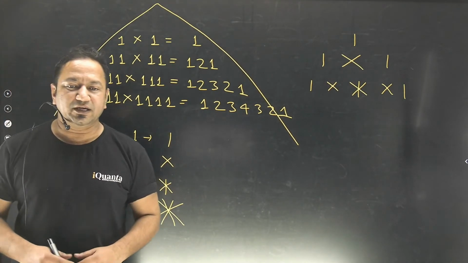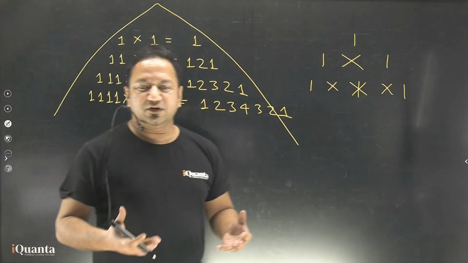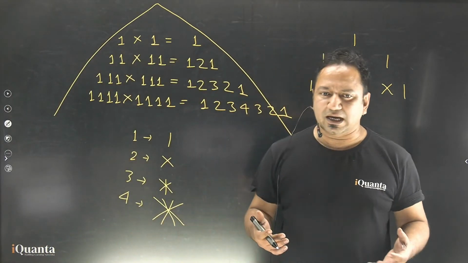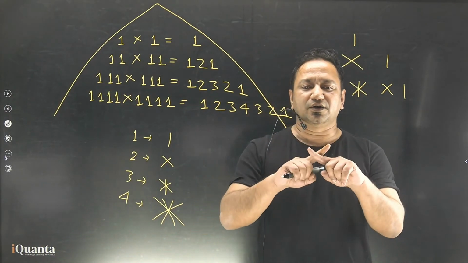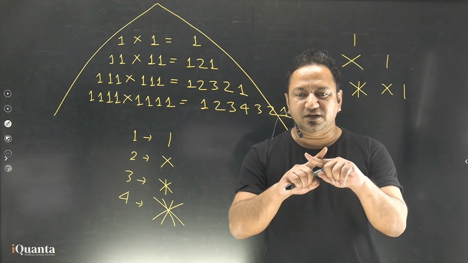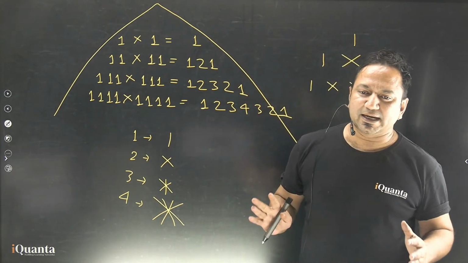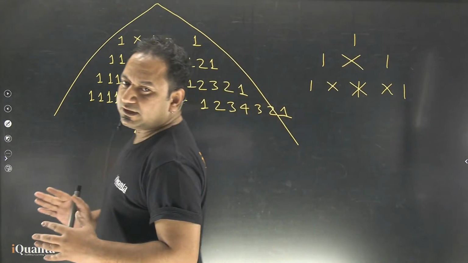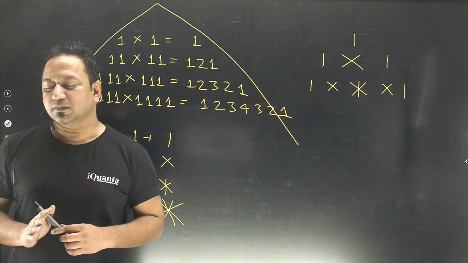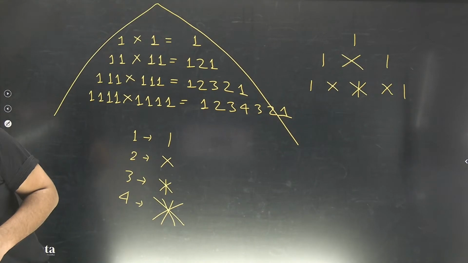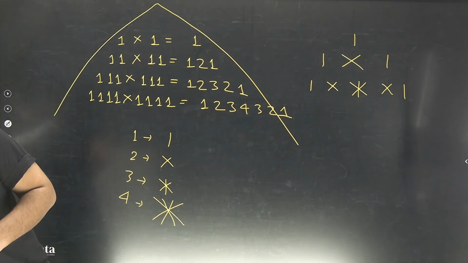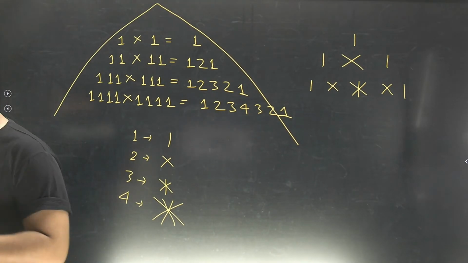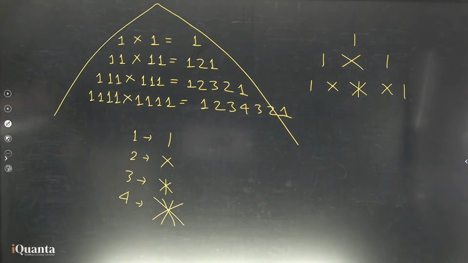So whenever we have even digits, what will happen there? It will be basically a cross. Whenever we have an odd digit, it will be a vertical line. Is that clear? When we have an even digit, it will be a cross. When we have an odd digit, it will be a vertical line.